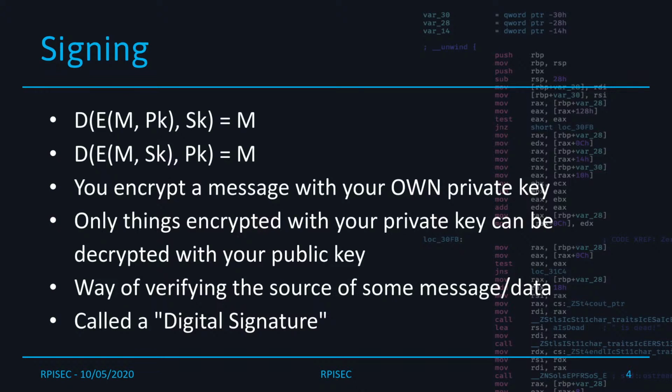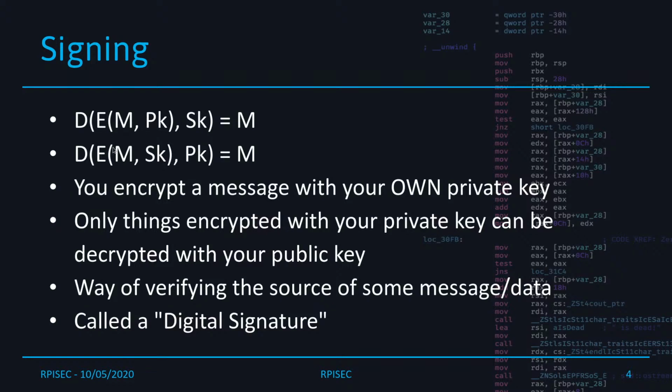So kind of in parallel to encryption, asymmetric crypto also allows for the signing of messages. If we consider encryption to be a function of two inputs, a message and a public key, then we can decrypt that result with the private key or secret key to get the original message back. But you can actually swap the private and public key in this computation.